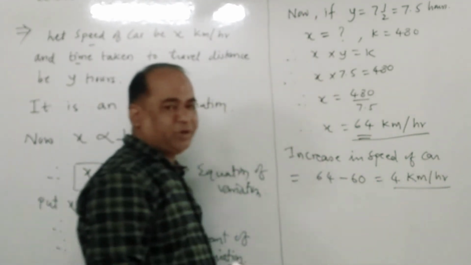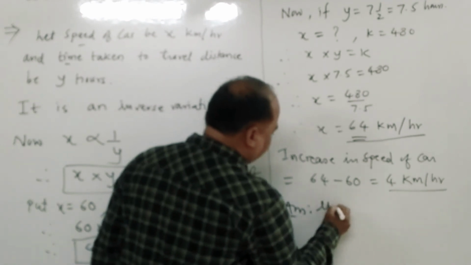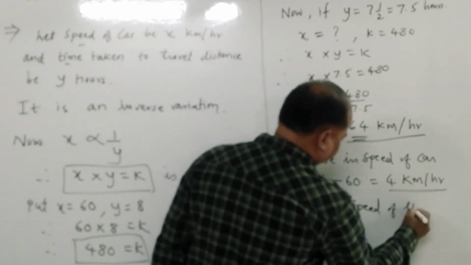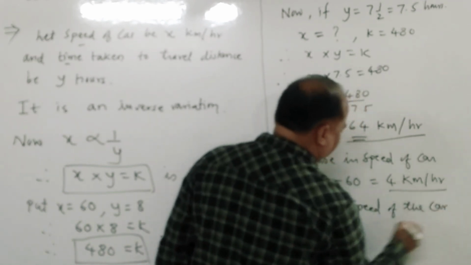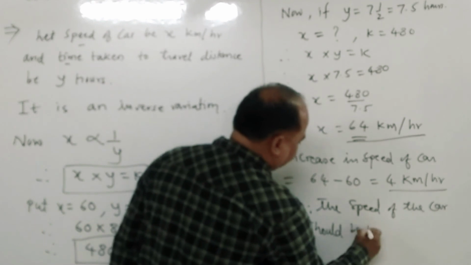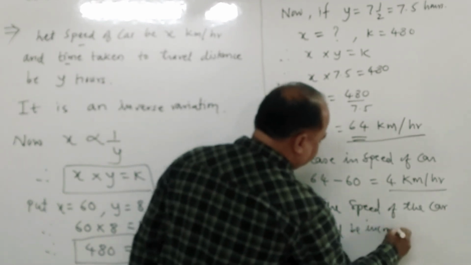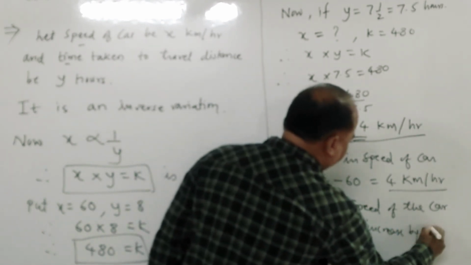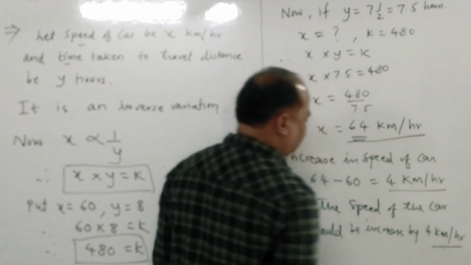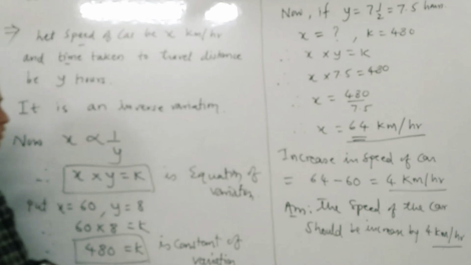So the speed of the car should be increased by 4 km per hour to cover the same distance.